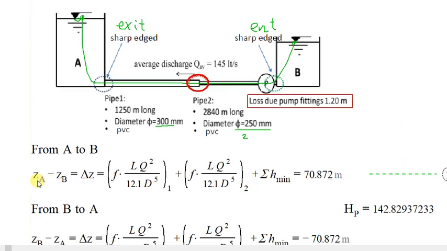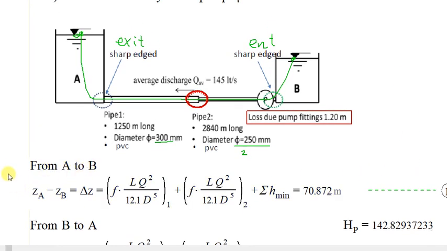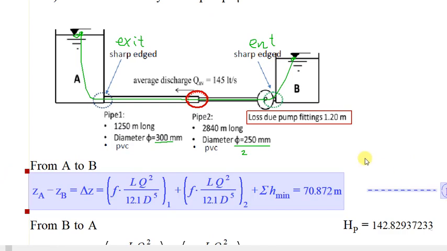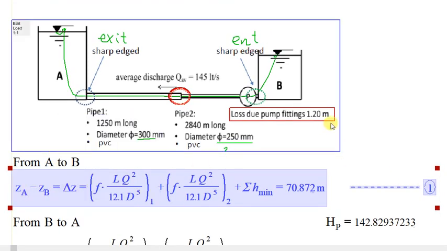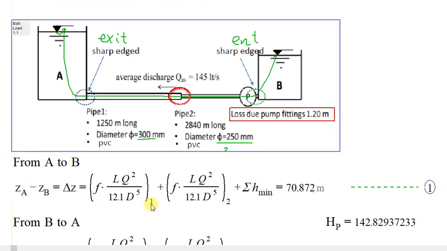If you write the equation now from A to B, just what we solved before, the difference was 70.87. Now if we go from B to A, it will be negative 70, because we will be under that one, so it should be negative.